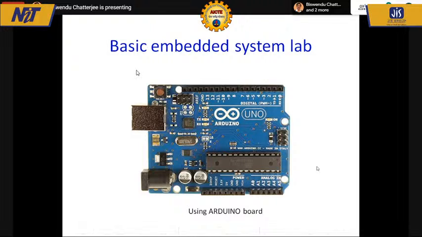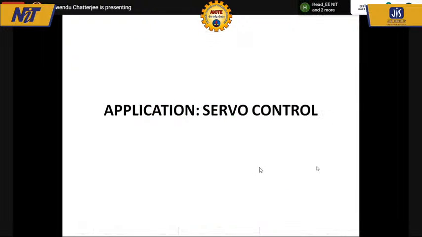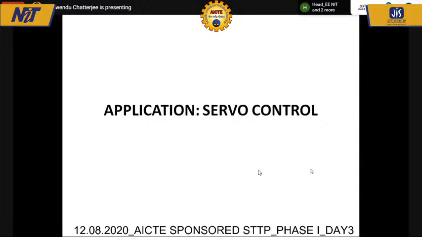This was done yesterday. Now today we will look into application, and this application is a servo control.